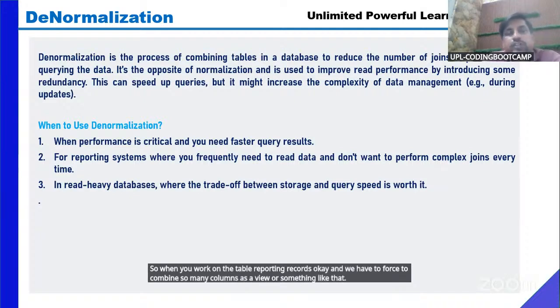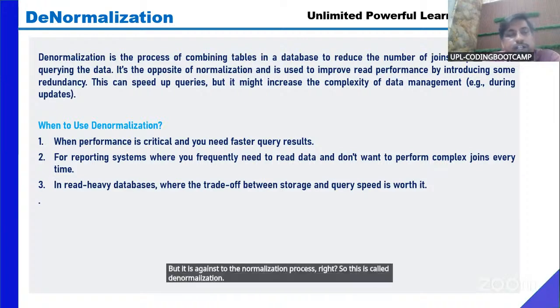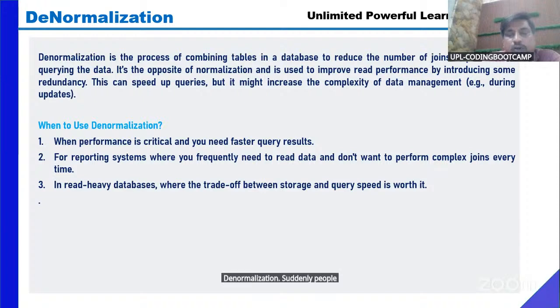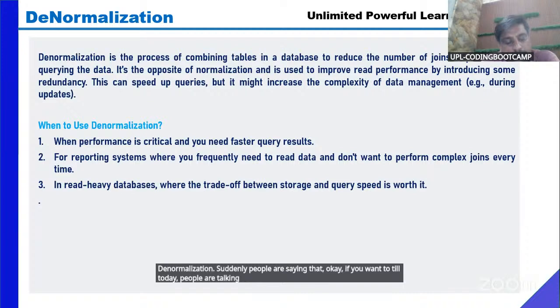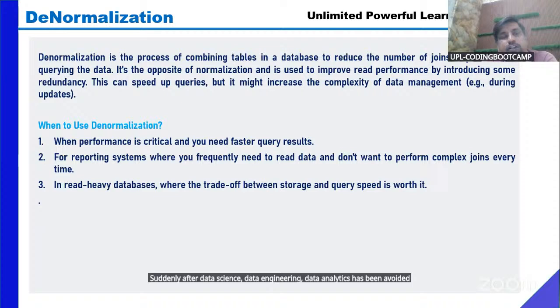But that is against the normalization process, right? This is called denormalization. Until data analytics evolved, people talked about normalization. Suddenly, after data science, data engineering and data analytics evolved, people started talking about denormalization.